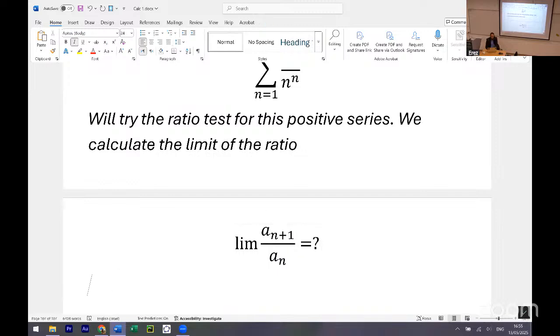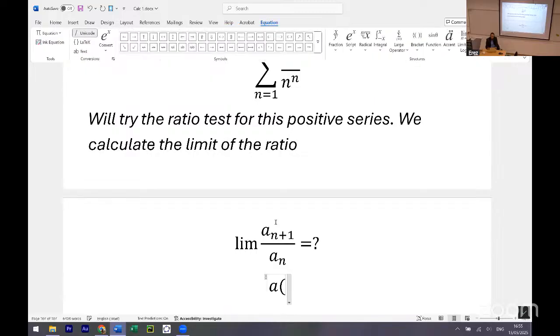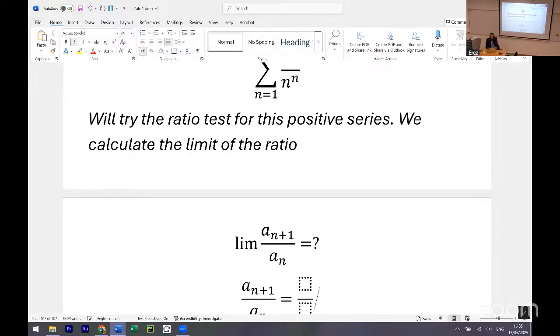I'll write it without the limit at first, because otherwise I will have to write the word limit a lot. I'll just take the ratio, and then I will do the arrow. What is a_{n+1} over a_n? So a_{n+1} is (n+1) factorial over (n+1) to the n+1.